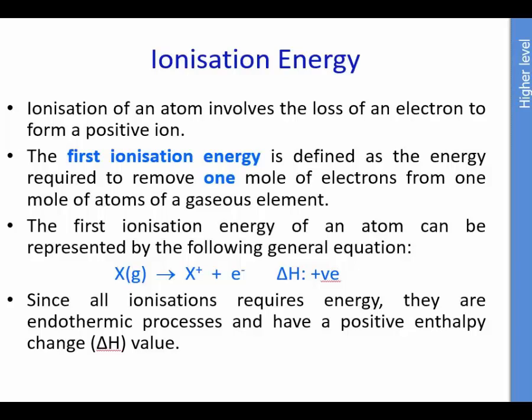And the chemical equation for ionization energy, it's in the gaseous state, to make sure you say that and write that, the little g. Delta H is positive, which we'll learn later in unit 6. So realize that delta H positive just means that you have to put energy into the reaction. You haven't got energy out of it, so it's taken energy to remove this electron.